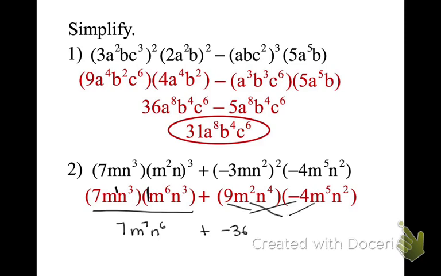M to the 2nd plus the 5th is m to the 7th, and n to the 4th plus the 2nd is n to the 6th. So 7 minus 36 is negative 29m to the 7th n to the 6th.